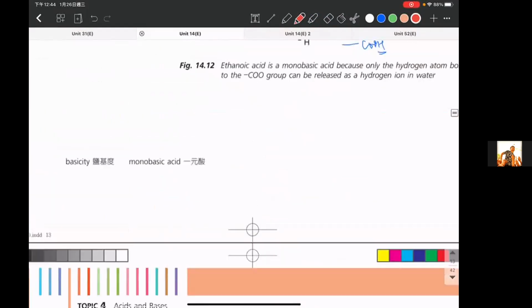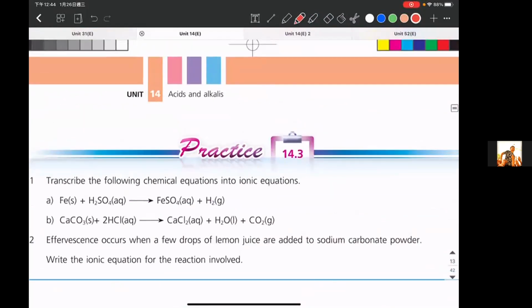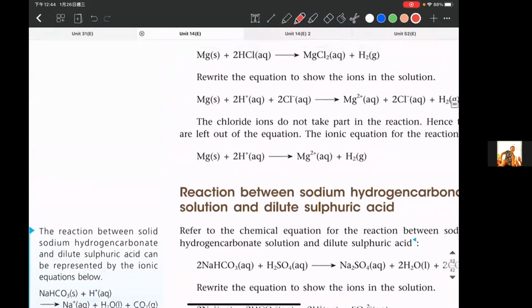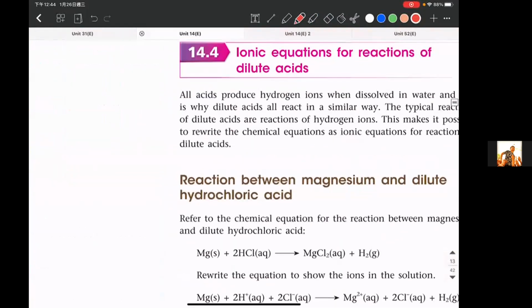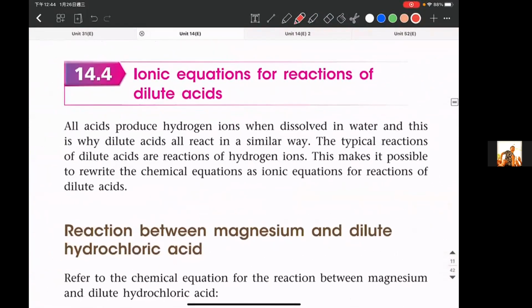Easy, right? So you take a look at this. Finally, if you are going to write down the ionic equations, it will help you better understand what really happens in the reaction.